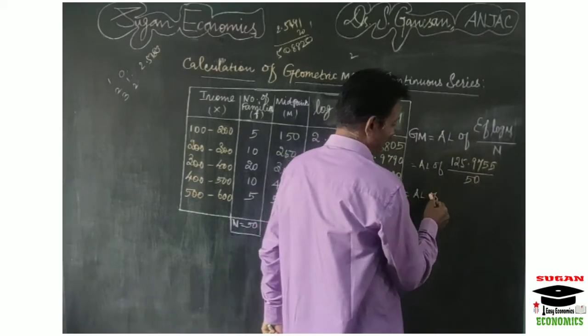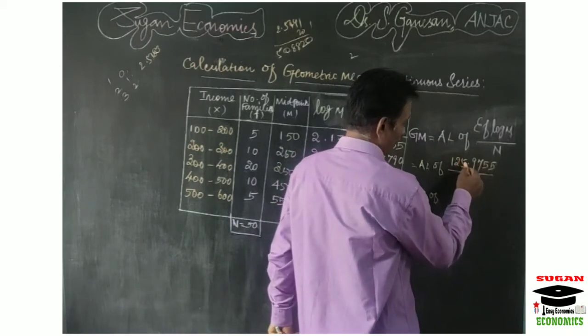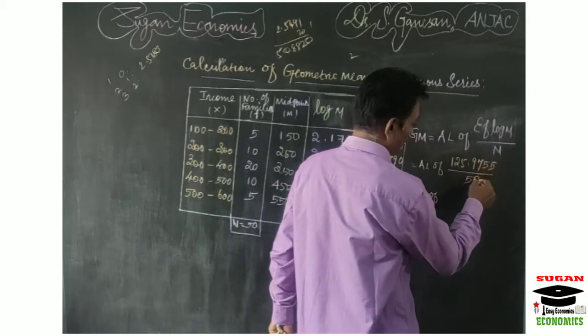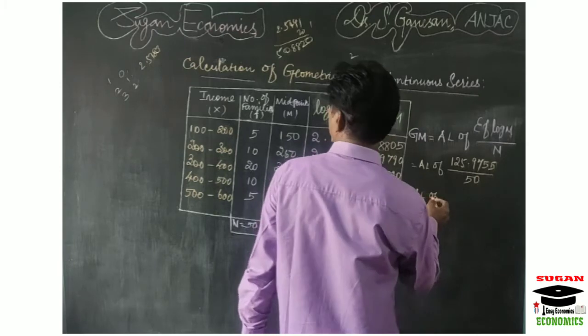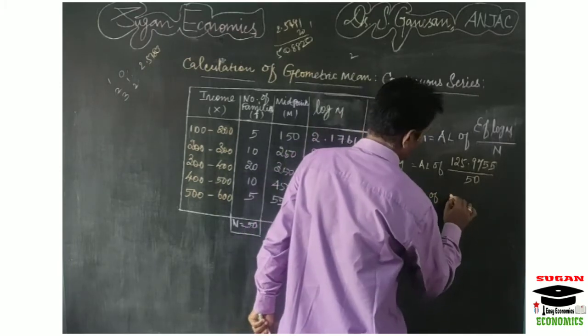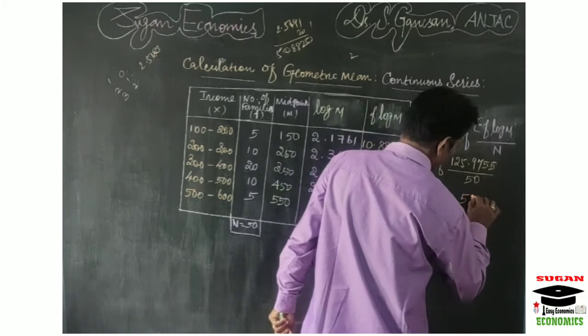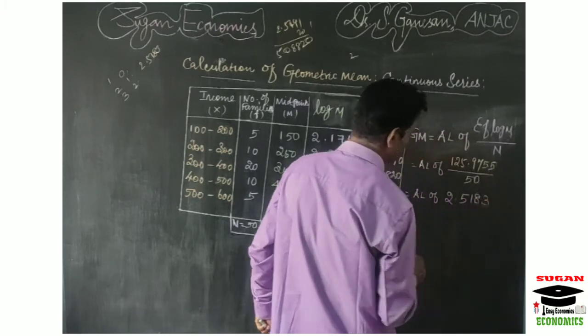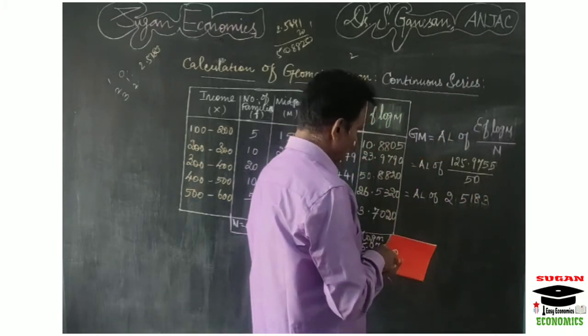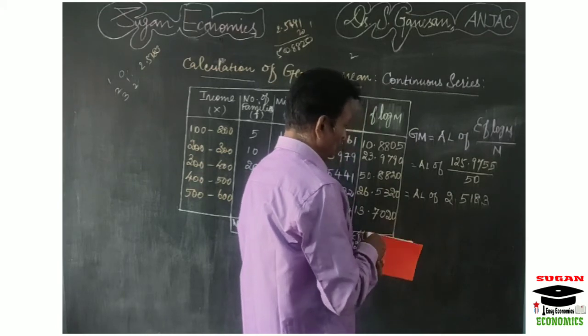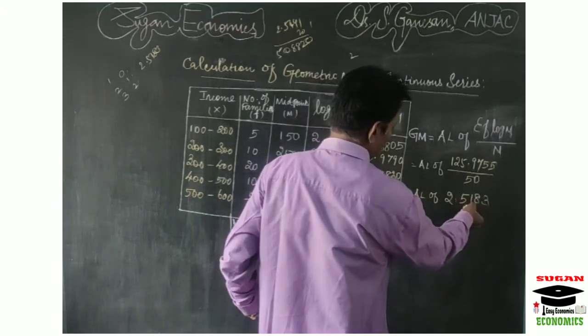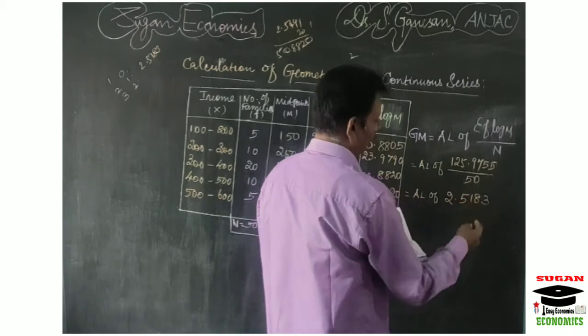So here the anti-log of 125.9755 divided by 50, that is equal to anti-log of 2.5183. So now we have to find out the anti-log value for this 2.5183.